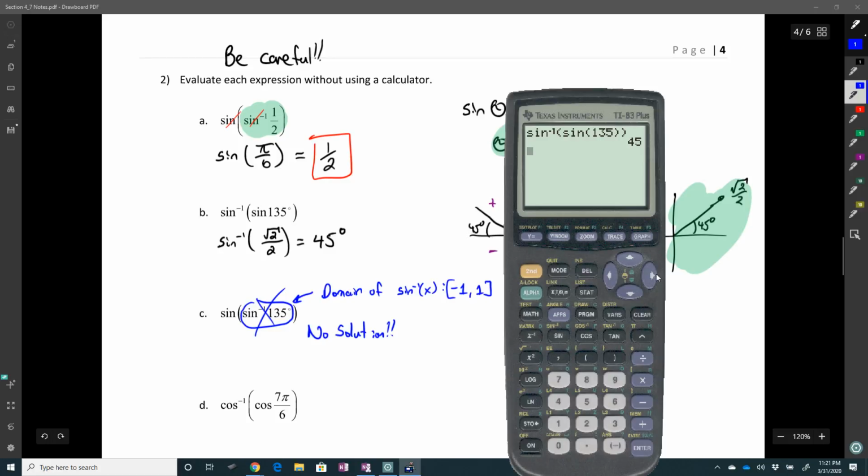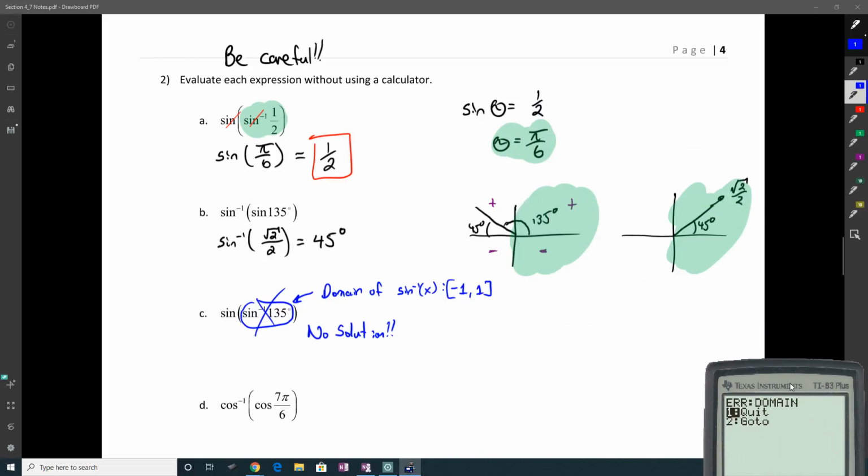Again, I can work it out. If I did sine inverse sine of 135, it says error domain. The number you're entering is not in the domain. So again, just because you see a sine and an inverse sine next to each other doesn't mean you can cancel them out. In the first example, it did work. In the second example, it didn't. In the third example, it just doesn't work at all.